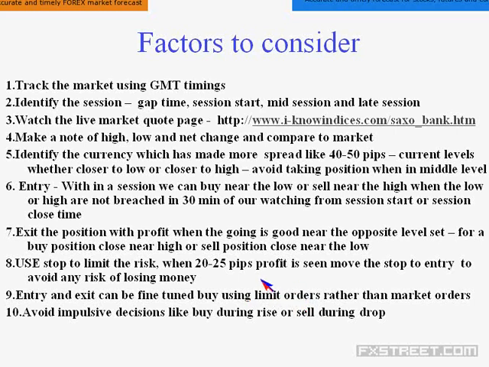Then, for the exit, you may estimate statistically, but the market may not respect those levels. So try to keep at least 5-10 pips above or below the estimated level, because whatever we theoretically estimate, there is no guarantee that the market needs to respect it.